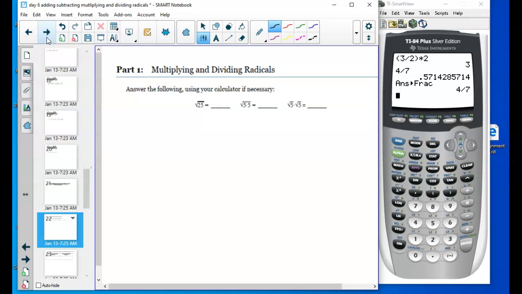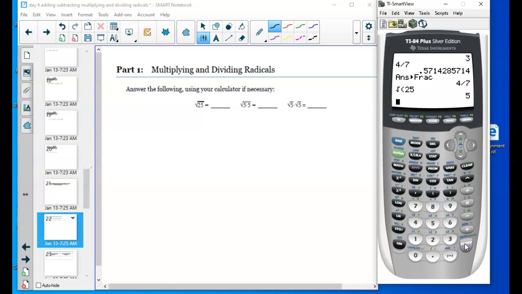So if I look at the square root of 25, and I find what the square root of 25 is, I get that to be 5, as you guys can see on my screen on the right. Now, if I find out what the square root of 5 times 5, all underneath the same radical sign, is, I get that to be 5 as well.